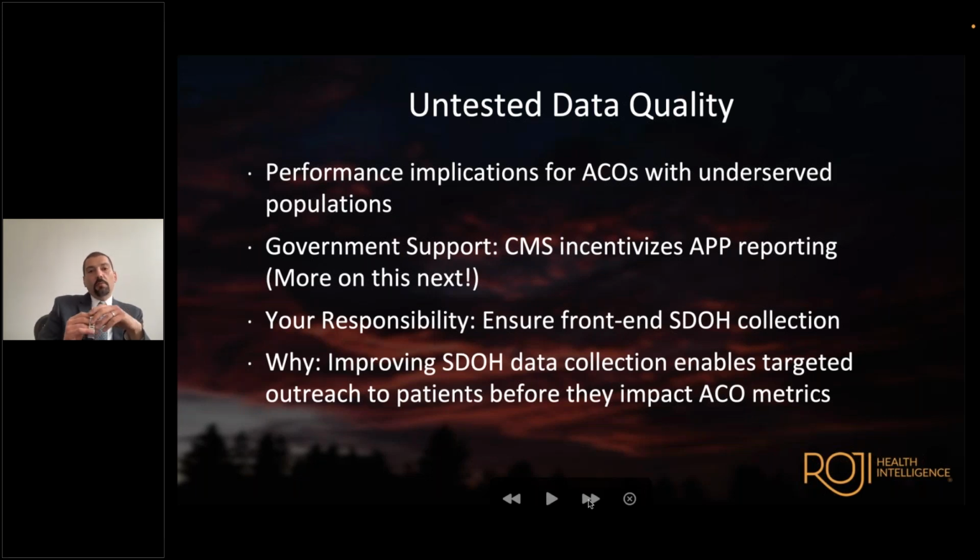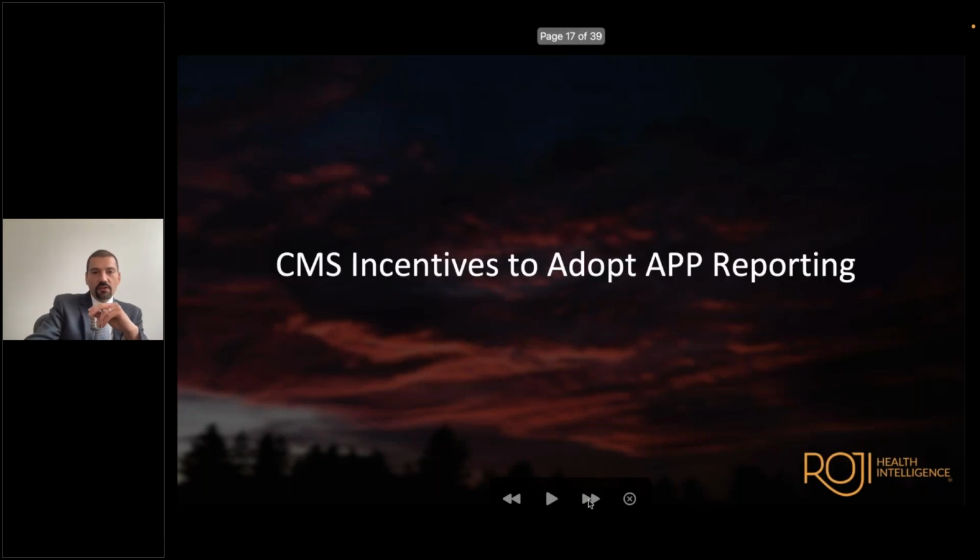In other words, people who are not coming to the office as frequently, perhaps because they're self-pay, they don't have transportation, housing is insecure, food scarcity. These are people who are going to be included in your ACO metrics, but you need to be able to get that information on those patients so that you know who they are, so that you can help before there is an issue down the road.